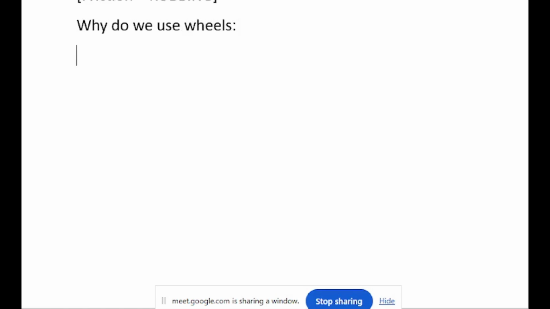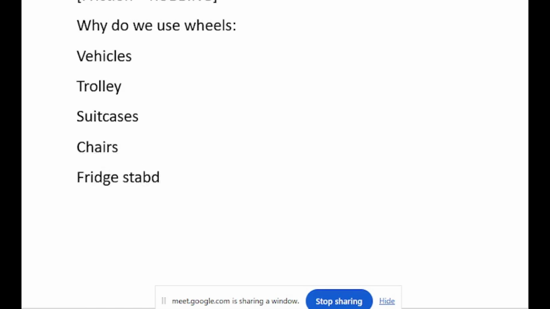We are already using wheels in vehicles, cycle, scooter, lorry, car. But in addition, we are putting them in trolleys, then in heavy suitcases, then at the bottom of chairs, then fridge stands, and anything heavy, washing machine or anything.